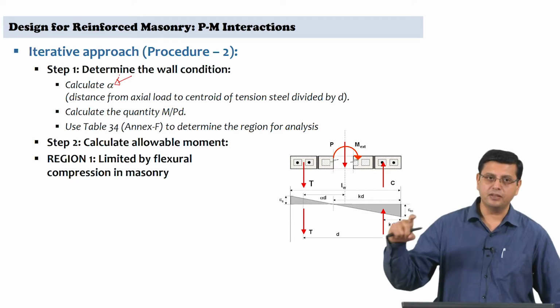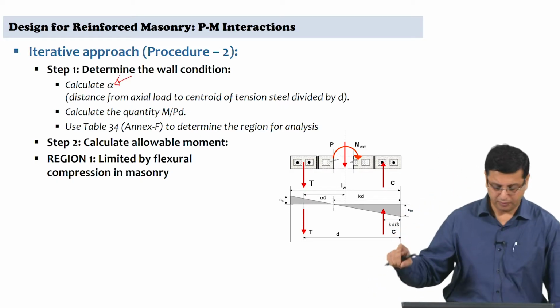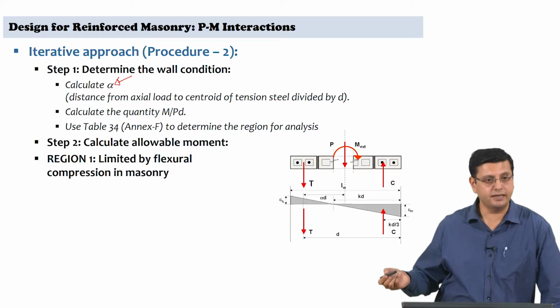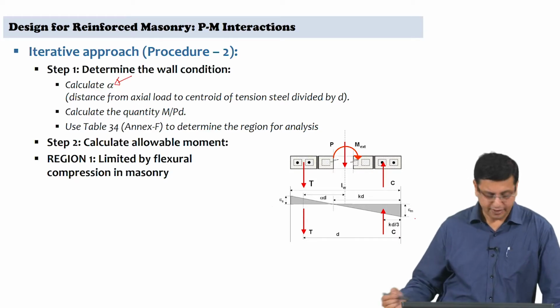That is the maximum permissible stress in compression that is allowed if the entire cross section is in compression. With respect to the diagram here, there is no tension in the cross section, the entire section is in compression.